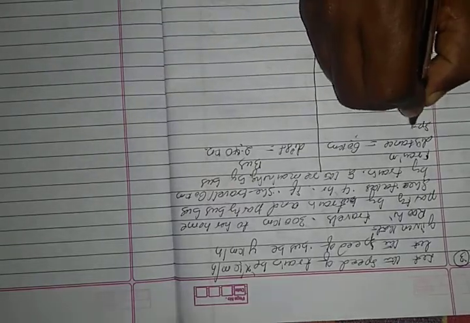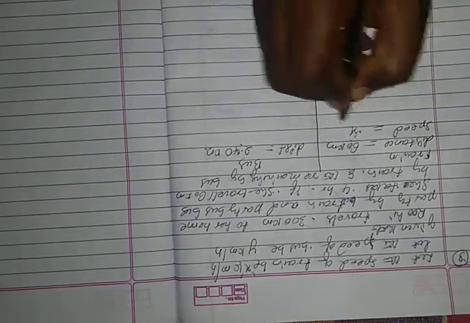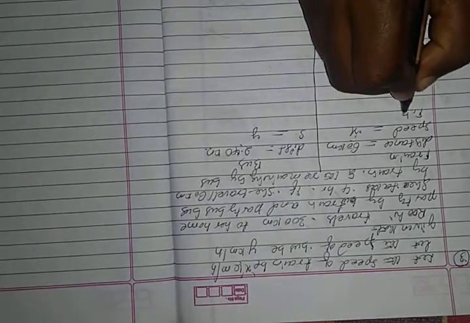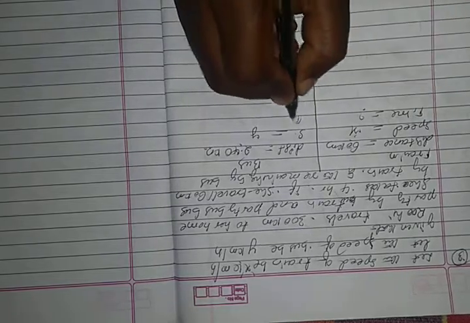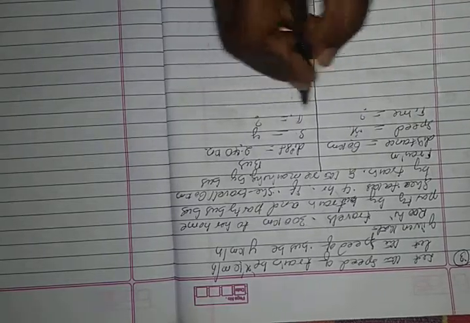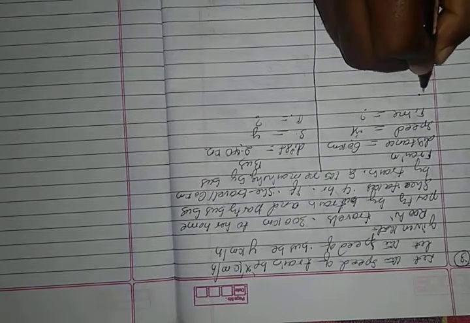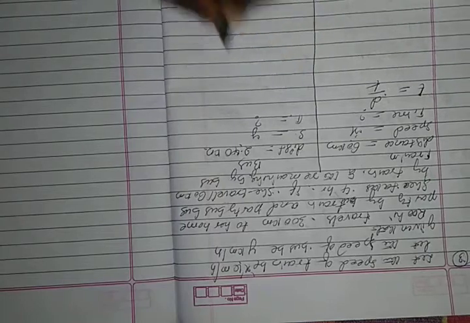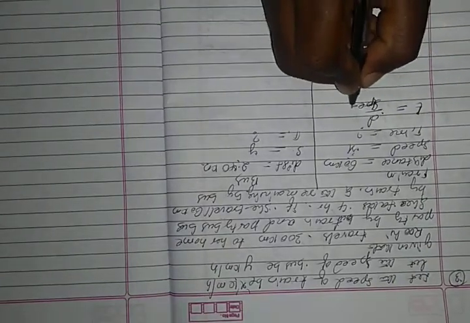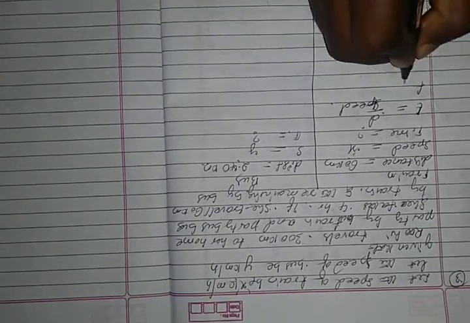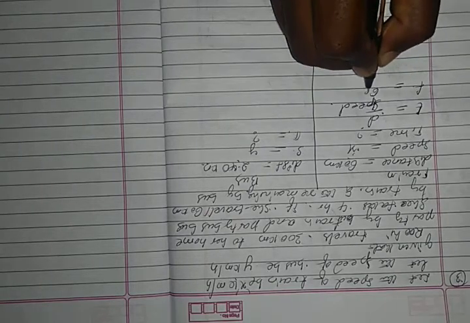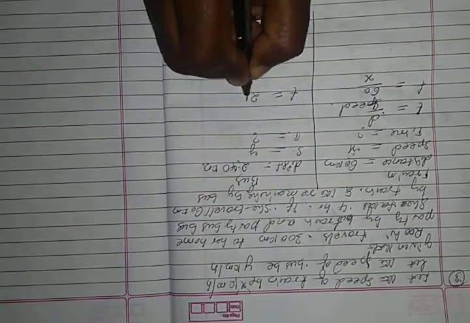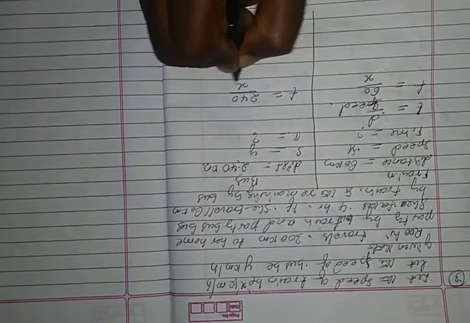And then we have to find the speed also. The speed for the train is x, and here the speed is y, and the time is question mark, and this time is also question mark. So we already know that time is equal to distance divided by speed. So time is equal to 60 divided by x, and here time is equal to 240 divided by y.